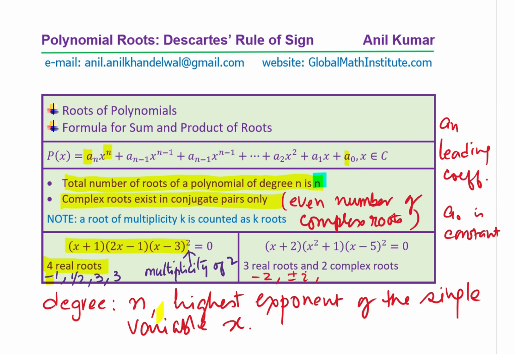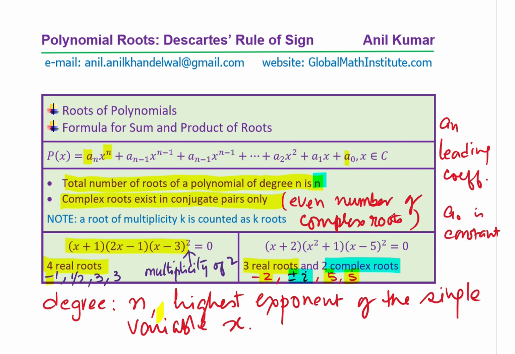And then we have two roots here also, because the multiplicity is 2. So it is 5, which is repeated twice. You see that? So we have 3 real roots and 2 complex roots. You get the idea. 1, 2, and 3, 5 being repeated, are the 3 real roots, and then we have 2 complex roots, which are plus and minus i in this case for x squared plus 1.